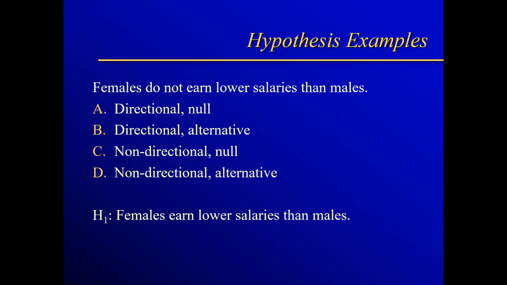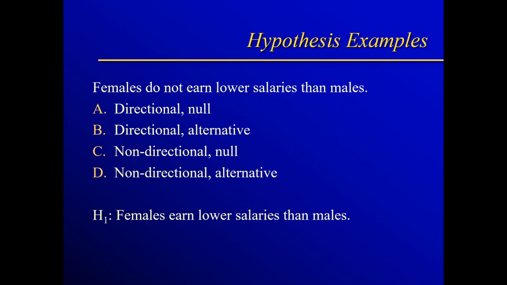No. Directional means you are making a prediction about who is greater or not. So I guess in a sense, there is a difference, but directional says, hey, we think one is greater than the other, or we think that people who report more of this will report less of that.